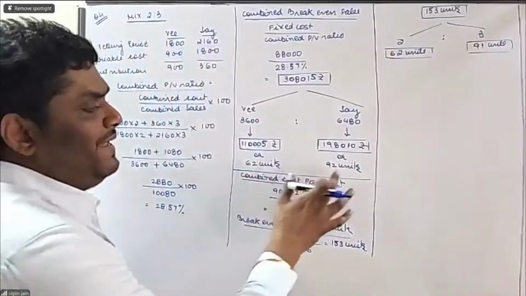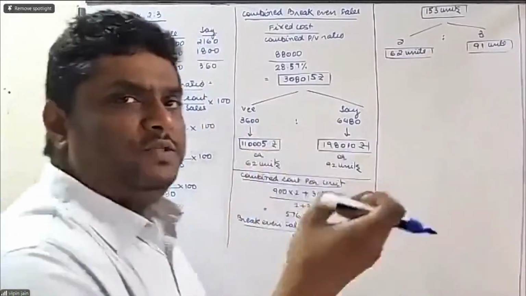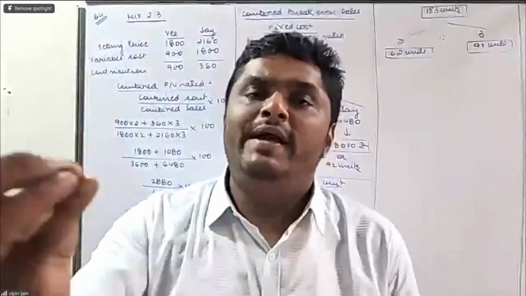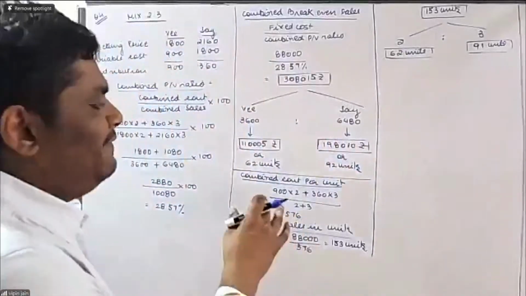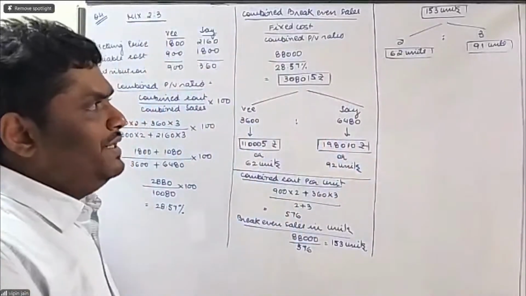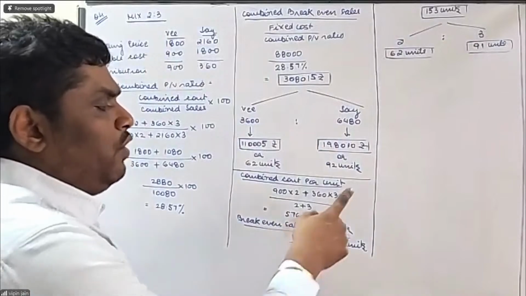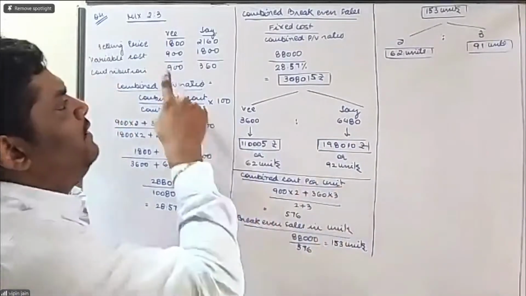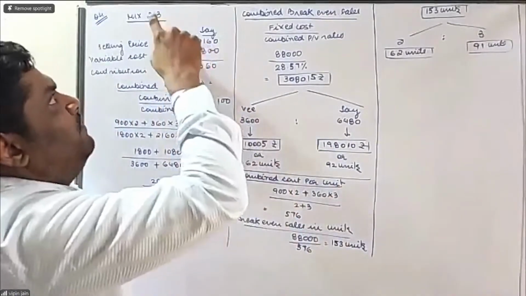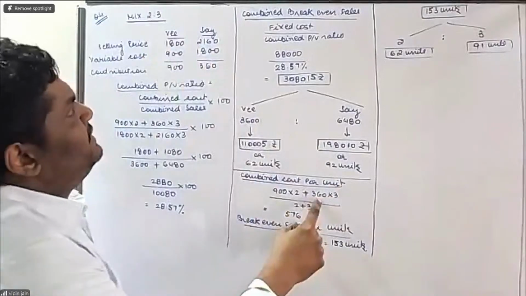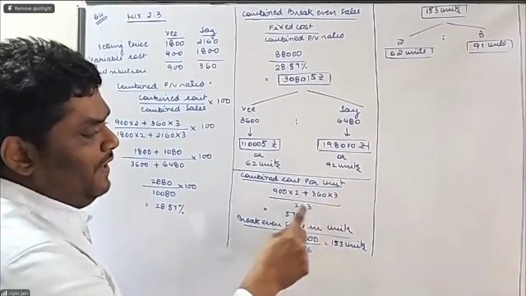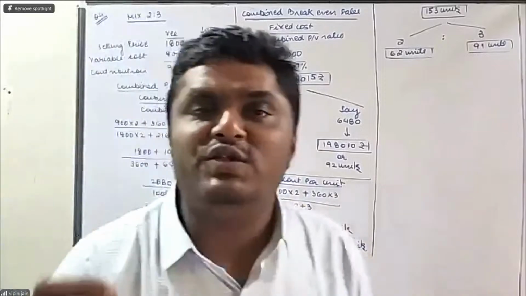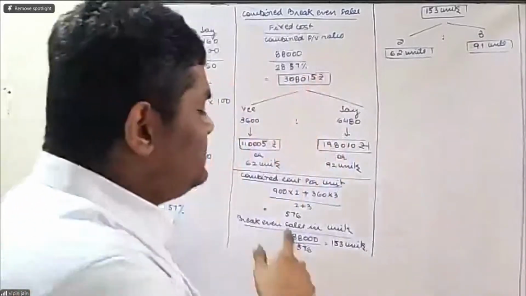So units we can calculate this way also: calculate in rupees, divided by selling price, so we will get the units. Or alternatively we can calculate the units using combined contribution per unit, that is 900 into the impact of the quantity 2, 360 into the impact of the quantity 3, divided by 2 plus 3, that is 5. So this is the weighted average contribution per unit, that is 576.